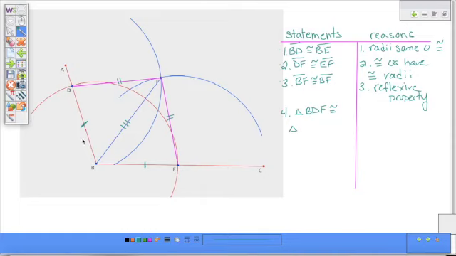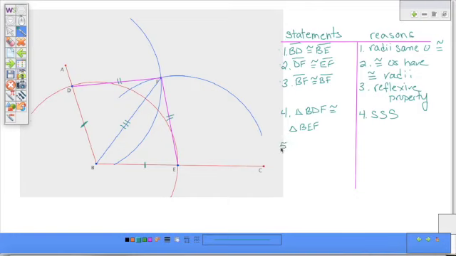So if I say triangle BDF, it has to be congruent to triangle BEF. And we say that is because of side, side, side, which I'll write up in a minute. So the 3 sides of this triangle are congruent to the 3 corresponding sides of this triangle. That's enough to say these triangles are identical.